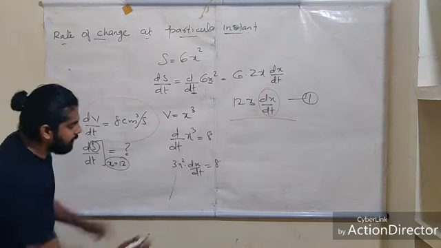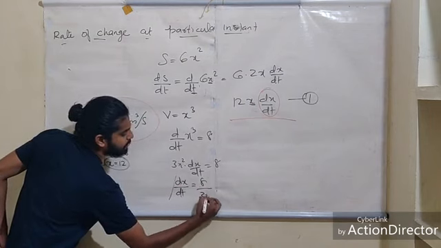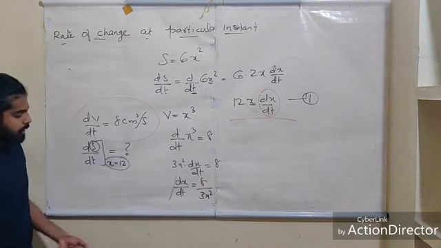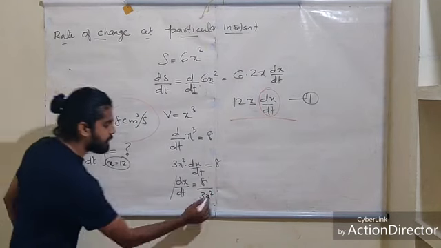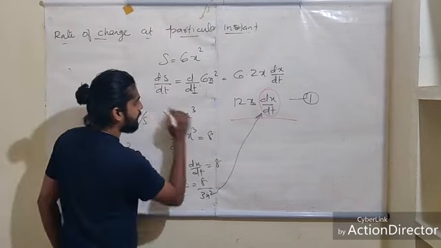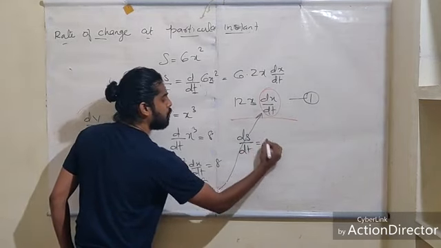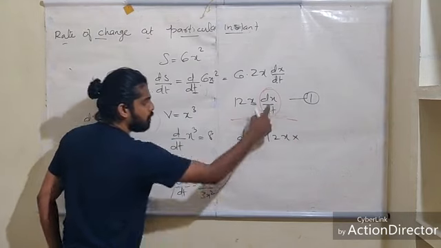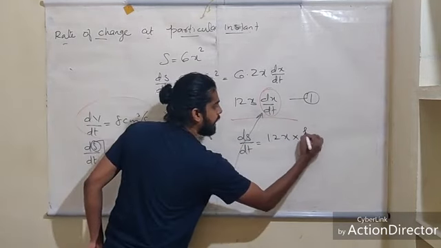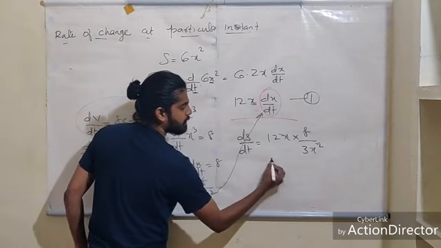So dx by dt will be 8 over 3x square. So this is dx by dt. We can substitute this dx by dt right here. So ds by dt is equal to 12x into dx by dt, which is 8 by 3x square. So we can cancel this.